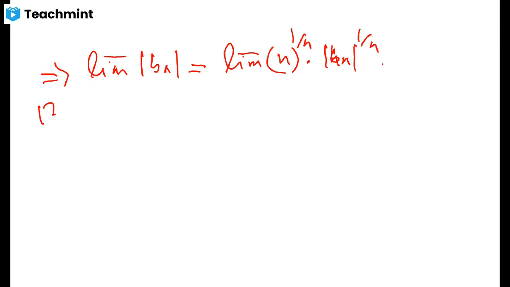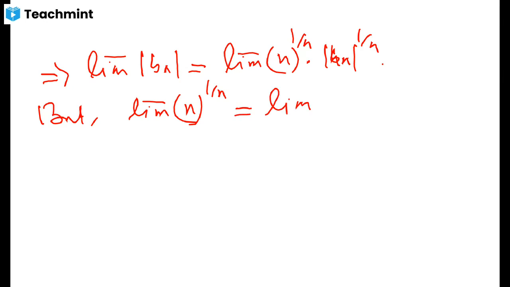But we have something known here, that the limit superior of n to the power 1 by n. When a sequence is a convergent sequence, then limit superior and limit inferior are equal, and those are equal to the limit of the sequence. And here n to the power 1 by n is a convergent sequence, so it has to be equal to the limit of the sequence.